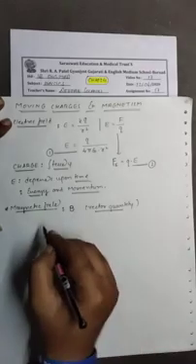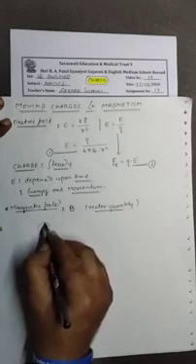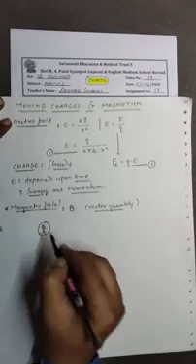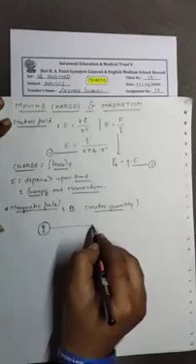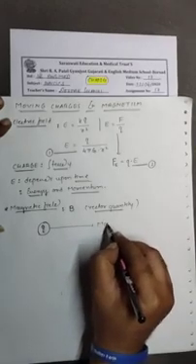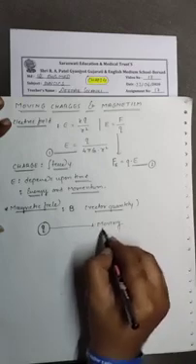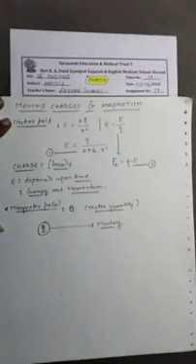This magnetic field is produced when, suppose this is a charge, it is steady, it produces electric field, but when this charge is moving, then this moving charge produces magnetic field.